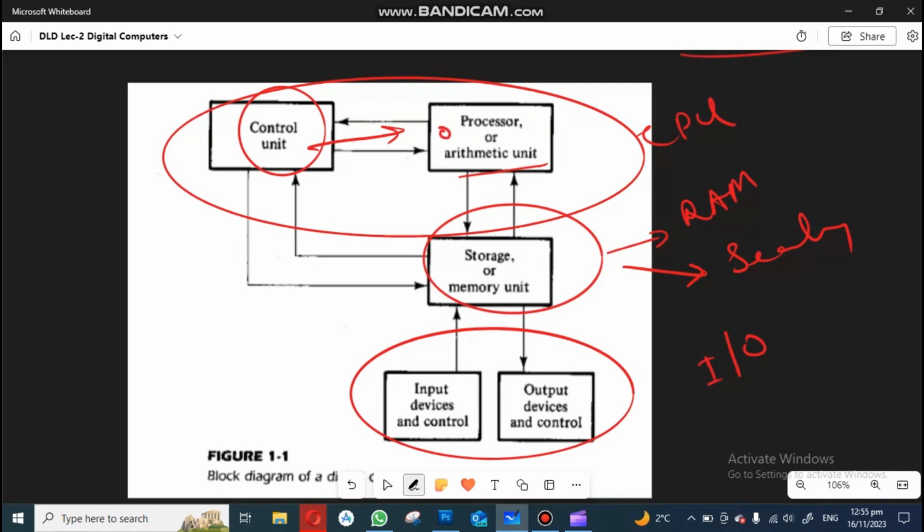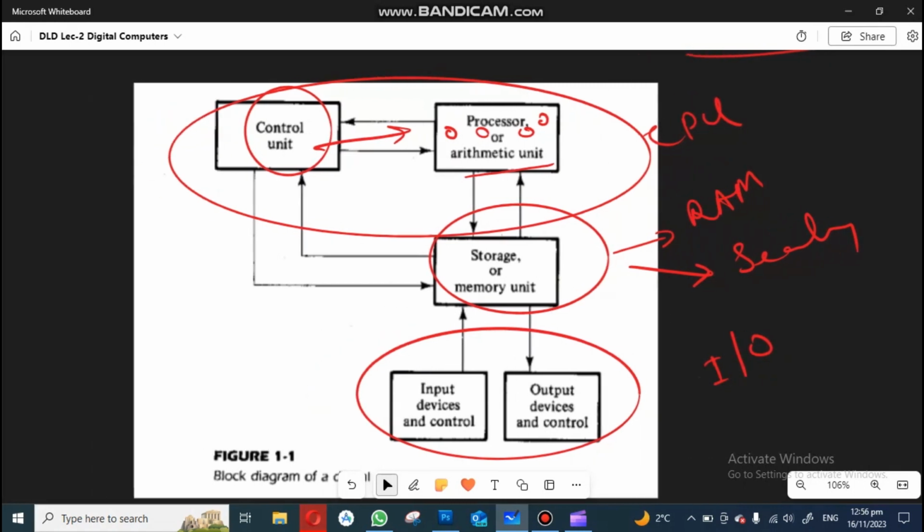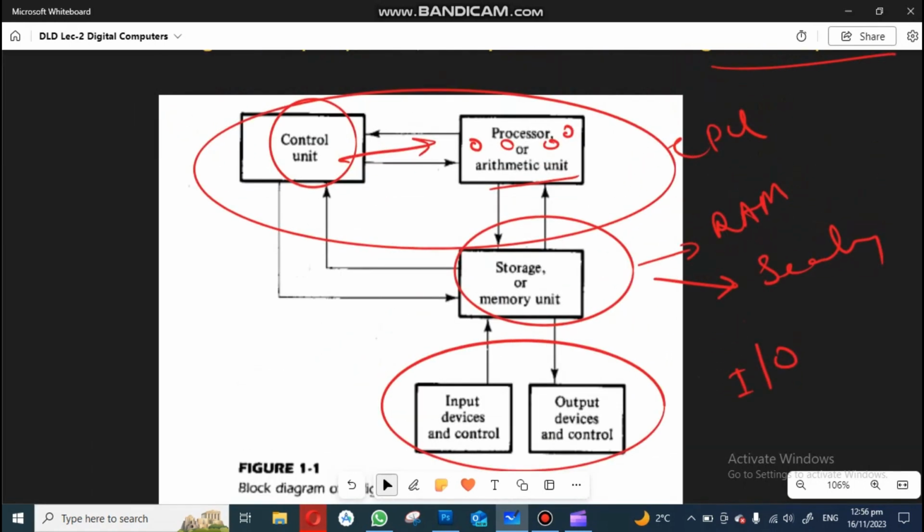There are also some registers inside the processor which are used to store data temporarily. So these are some components of a computer. I copied this diagram from the book that I mentioned to you in the last class, Mano's book, Digital Logic and Computer Design.